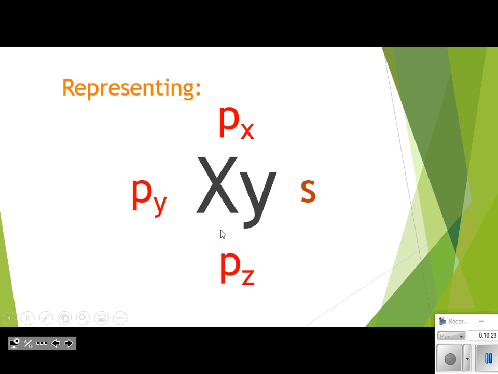So we had one on the px, one on the py, one on the pz before we put two of them on there, correct? That is why we go in the order that we do, so that we have one electron represented in the px, the py, and the pz before we double them up.